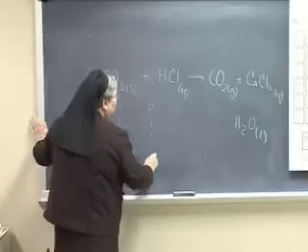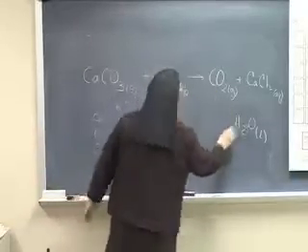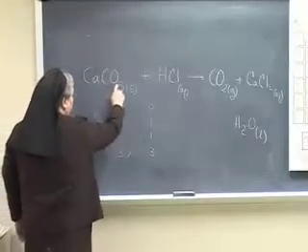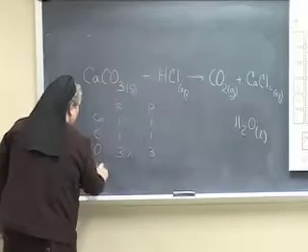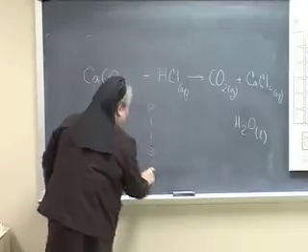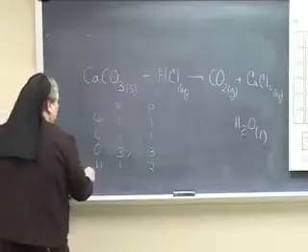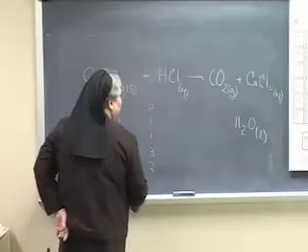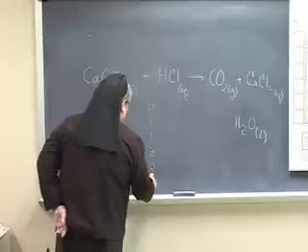The product is 1, 2, 3. Hydrogen, reactant is 1. The product is 2. And chlorine, down at the bottom, the reactant is 1, and the product is 2.